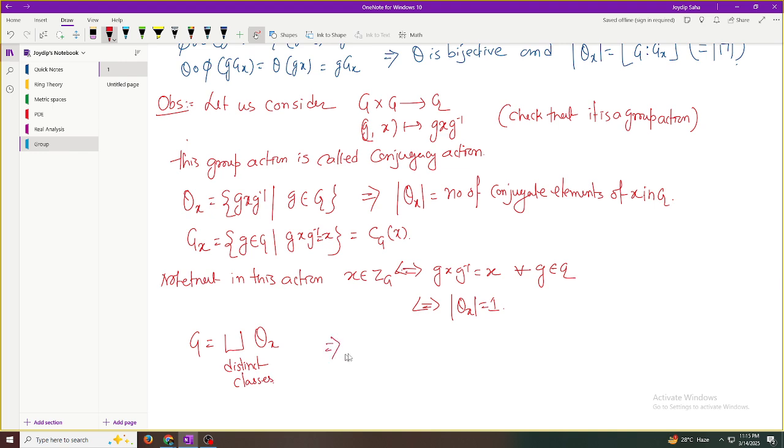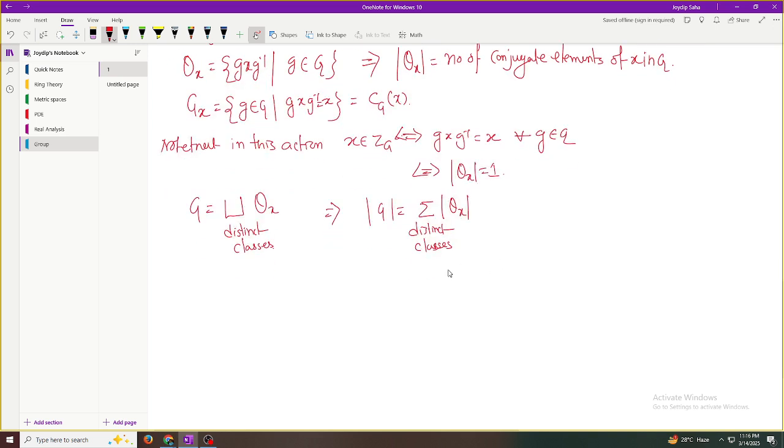So this implies the cardinality of G equals to the summation of the cardinalities of Ox, because it is an equivalence class, Ox intersection Oy is empty for distinct classes.